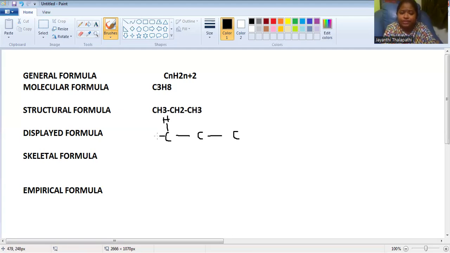So valency satisfied. All the 4 electrons are shared over here, right? The last carbon atom shares 1 electron with the carbon atom, and the other 3 electrons are shared with 3 hydrogen atoms.